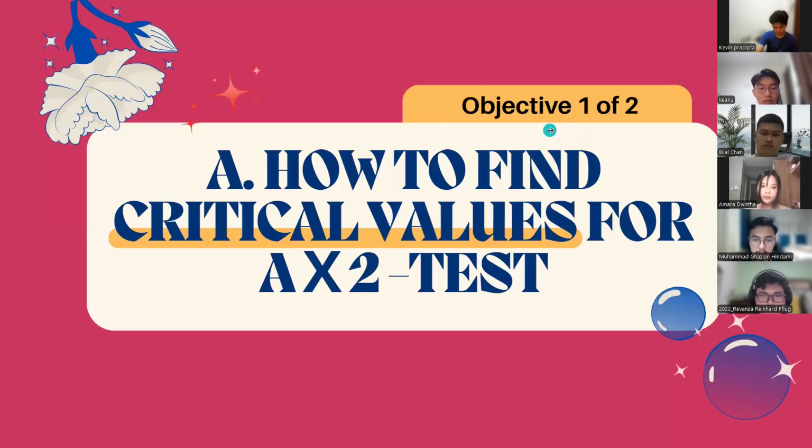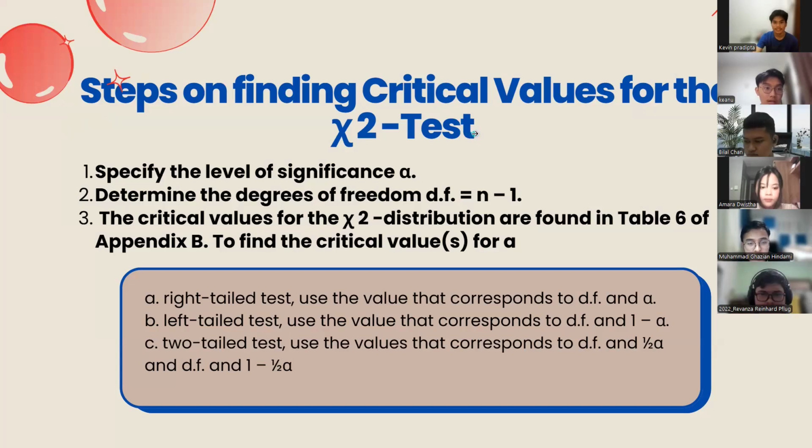So now we will talk about how to find critical values for the chi-square test. Here are the steps. First, we need to specify the level of significance alpha and determine the degrees of freedom, which can be found by subtracting 1 from n.